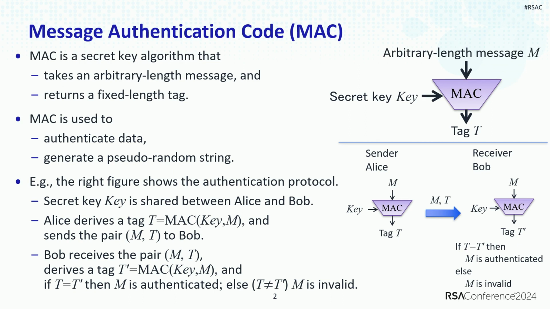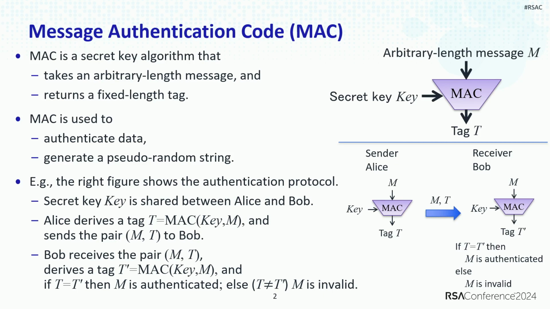The right figure shows the interface of the MAC algorithm. It takes an arbitrary length message as well as the secret key, and returns a fixed length tag. MAC is used to authenticate data or generate a pseudorandom string.